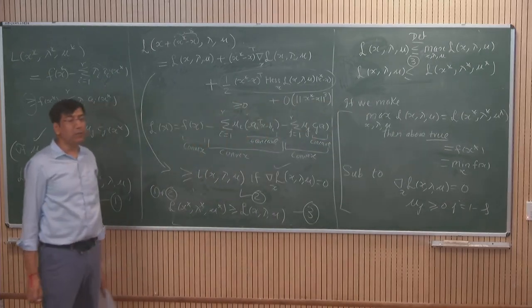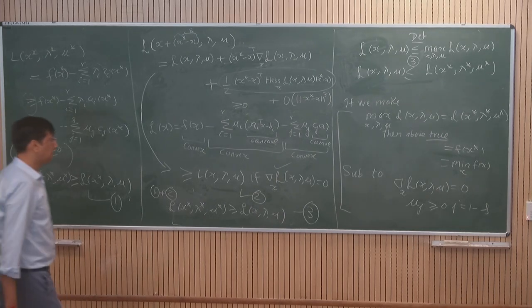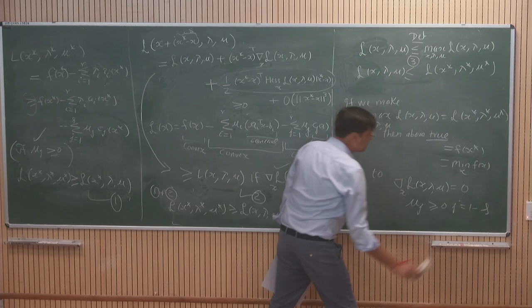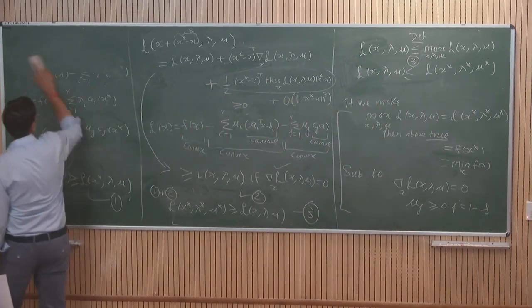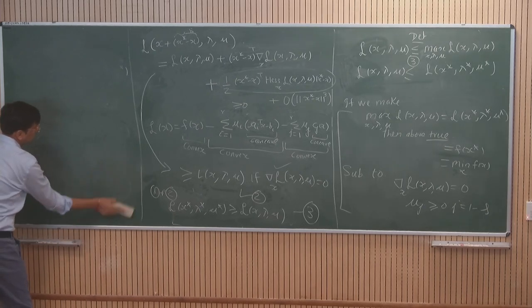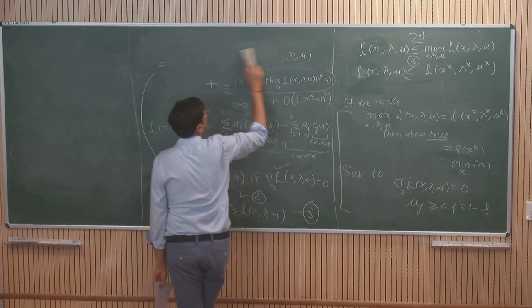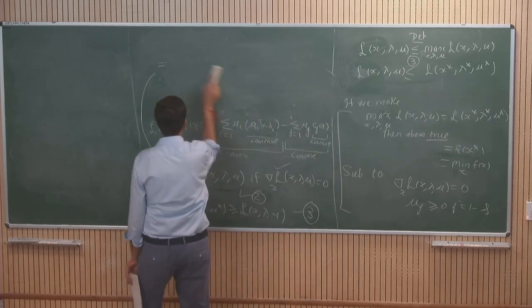So we transformed the minimization problem to a maximization problem of a function. We are no longer playing with the function, we are playing with the Lagrange multipliers. Now what we're going to do is take this theorem and apply it to our linear program and see the benefit of it. Okay? Any doubts? Then ask me, please.